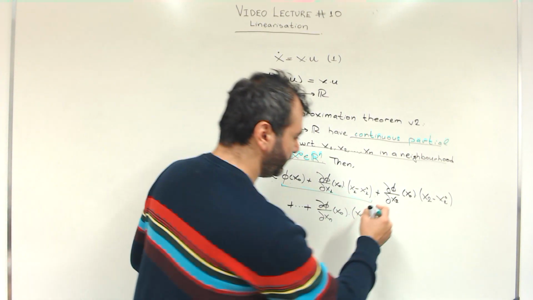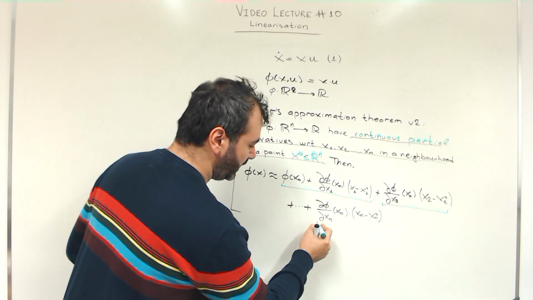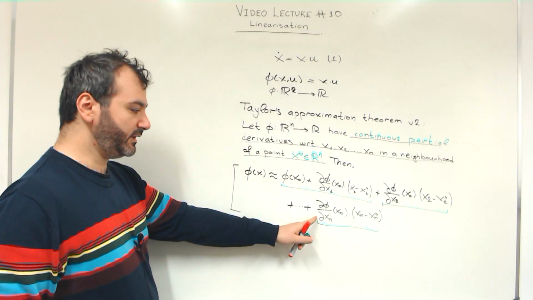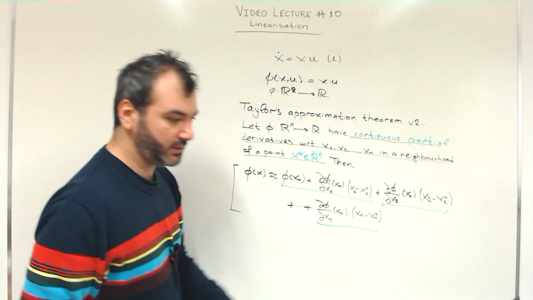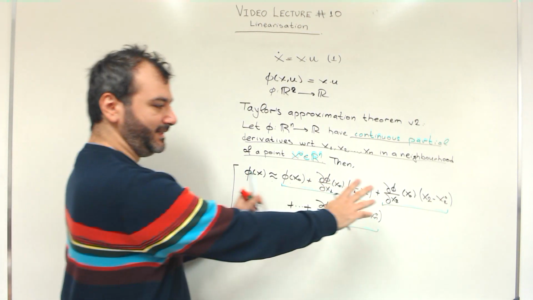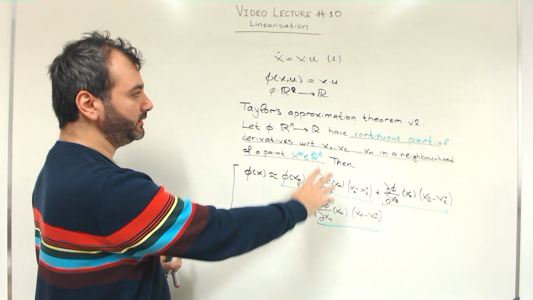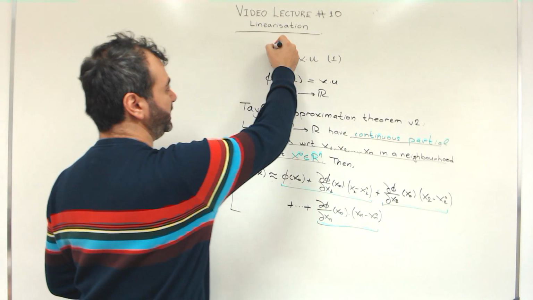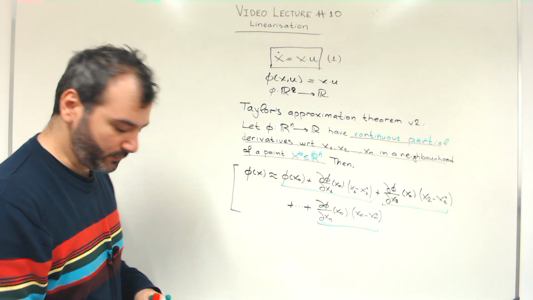But here we have, with respect to the second variable, with respect to the third variable, up to the derivative with respect to the last variable xn times xn minus xn 0. It is best to give an example, actually this example, to see how it works in practice and to understand the theorem as well.